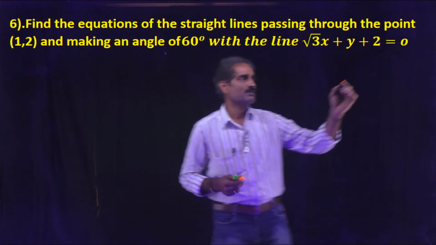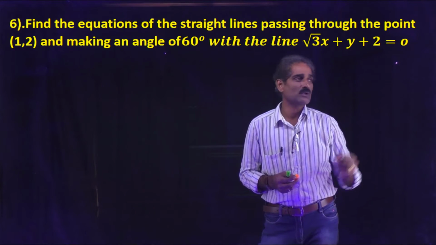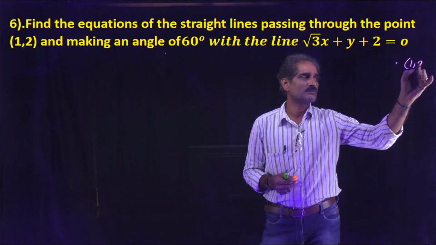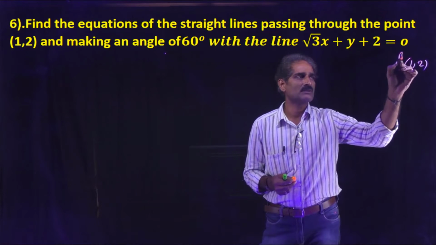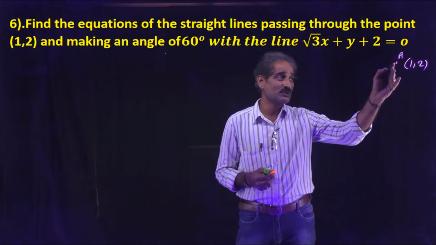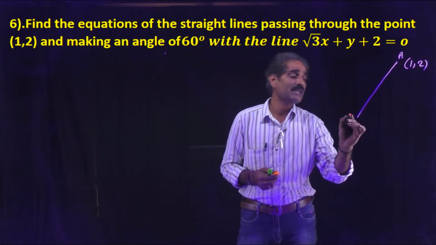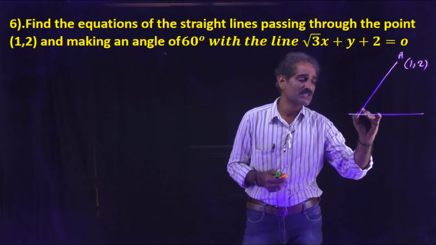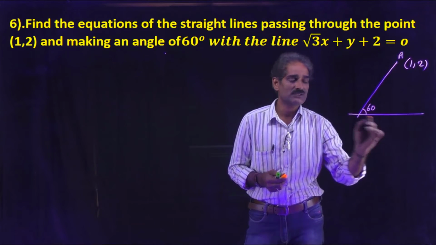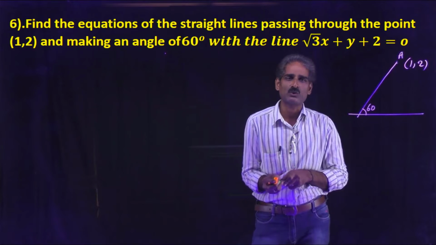Let us call the point A. Suppose this is the line passing through this point and making an angle of 60 degrees with another line. Here this is the equation of the other line: root 3 x plus y plus 2 equal to 0.